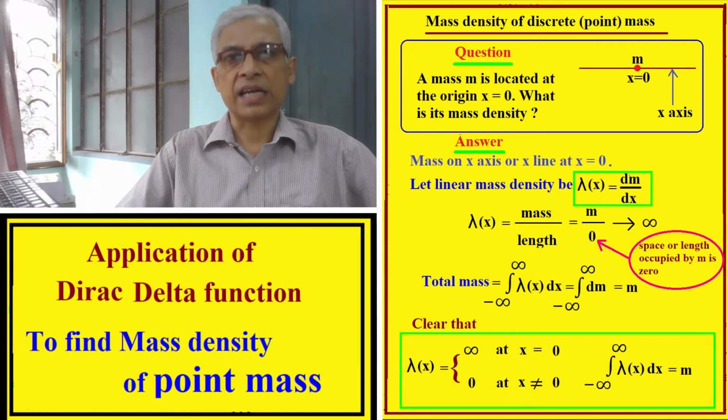Let us thus collect all the information or data that we have been able to collect, and it is summarized in the green box. Lambda is infinity for x equal to 0. Lambda is 0 at all other points, that is at x not equal to 0, where there is no mass. And the total mass is m, the relation being expressed as an integral in terms of the linear mass density.